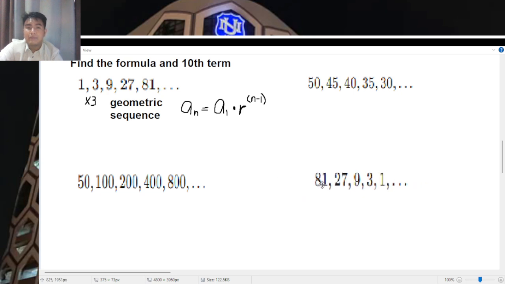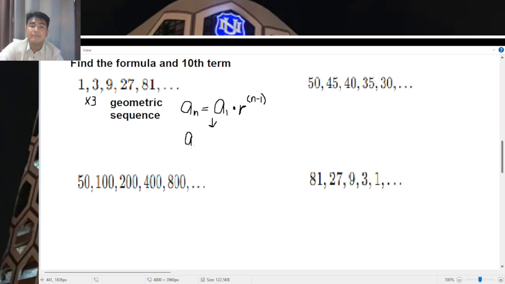So, how are we going to write the formula then? In order to write the formula, we just have to replace the first term. What's the first term? And what's the ratio? So the first term in here is of course 1.